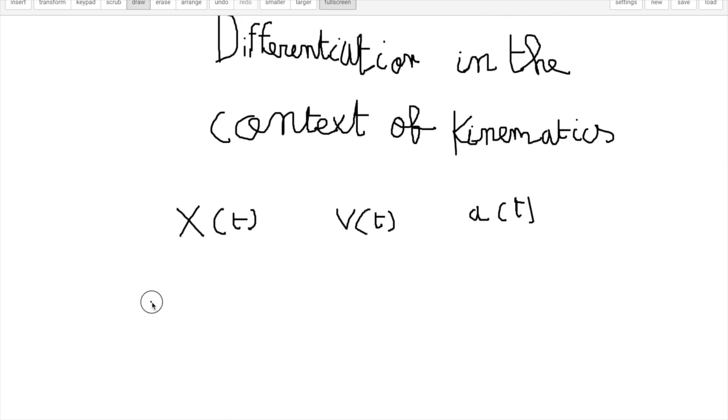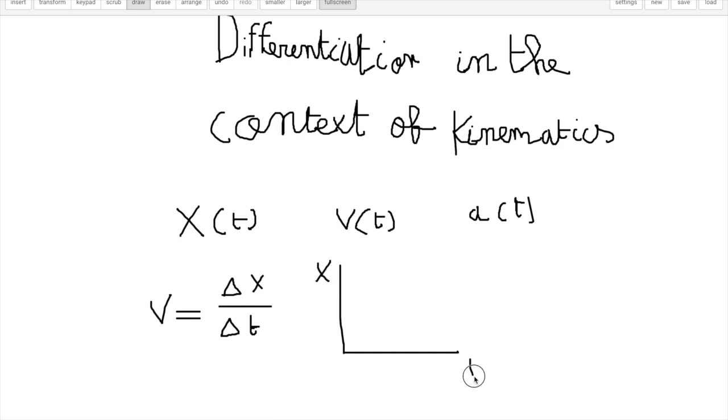First, we know that average velocity is equal to the change in position, also called displacement, delta x, over delta t, the change in time. If you were to graph this, with position on the y-axis and time on the x-axis, and we have a line here, the average velocity would simply be the slope of the secant line.